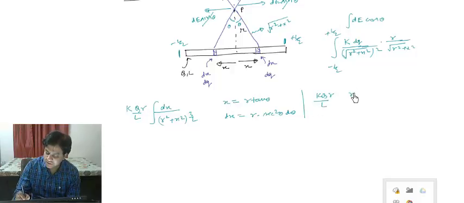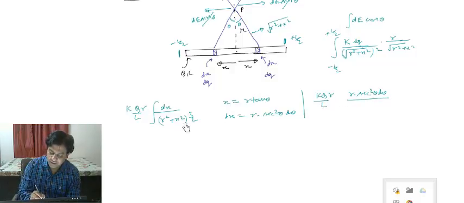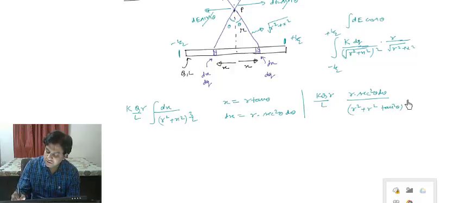dx is simply r sec square theta d theta upon... If I put x to be r tan theta in this equation, then what I'll get is r square plus r square tan square theta to the power 3 by 2.